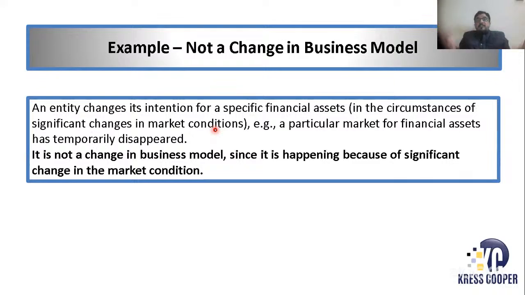The market conditions are changing, and because of that, it is changing its intention regarding hold to collect, hold to collect and sell, or hold for trading purposes. For example, a particular market for financial assets has temporarily disappeared. This is not, in fact, a change in business model. This is a temporary situation which will be reversed in time.